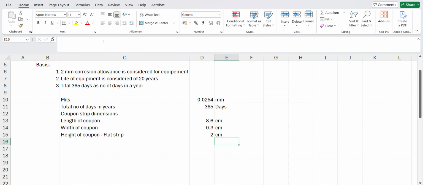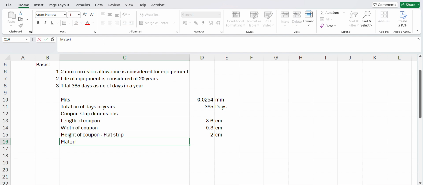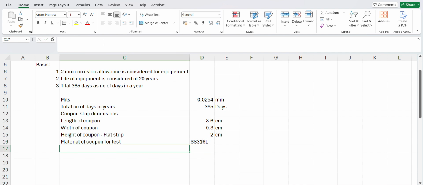Now I have selected the material of the coupon for the test, which is SS316L.